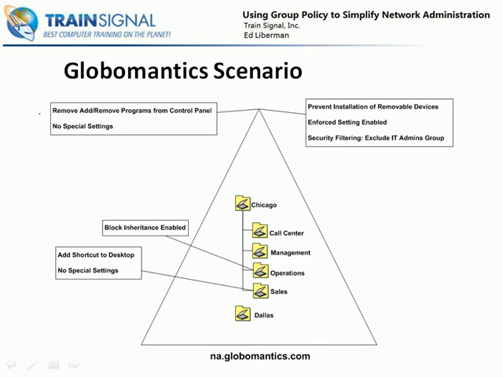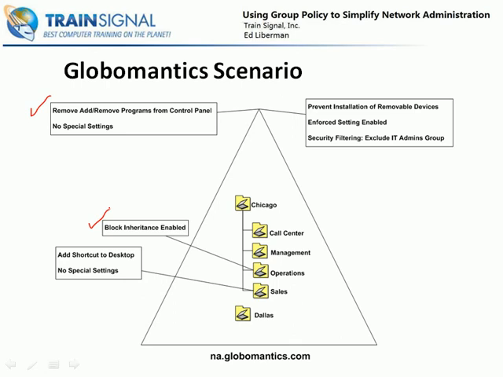One, we're going to create a GPO which removes the Add and Remove Programs from the control panel and link it to the domain. Right? That way it's everyone in the domain. But the way we're going to make it not affect users in the operations department is by enabling the block inheritance setting on the operations organizational unit.